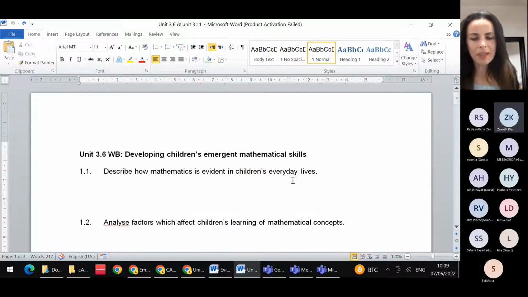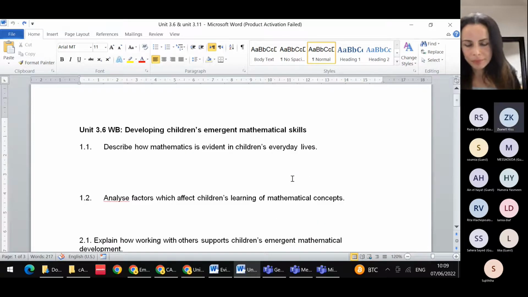Can you all see my screen? Yes, excellent. So first the question says, describe how mathematics is evident in children's everyday life. First of all, I just want to tell you that the awarding body is a bit more strict.